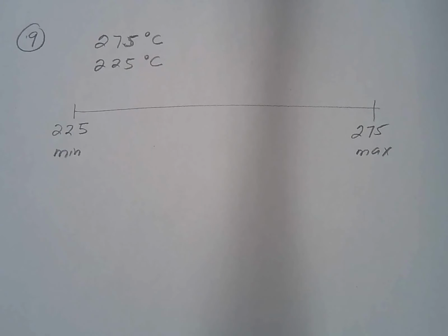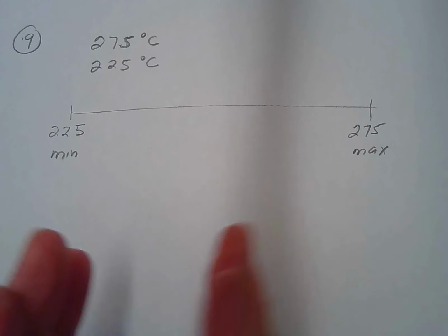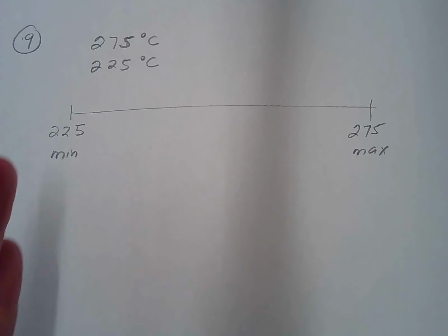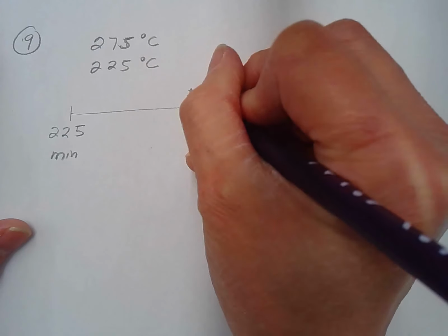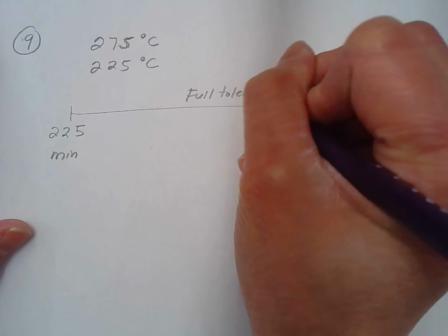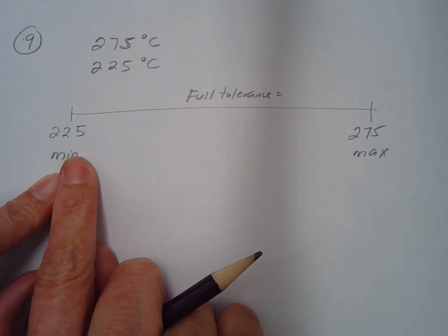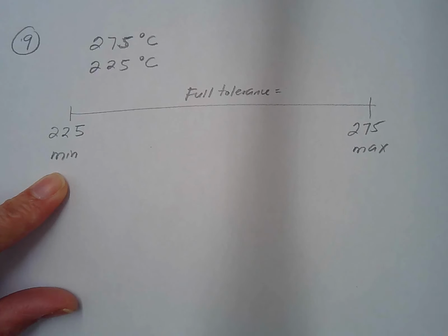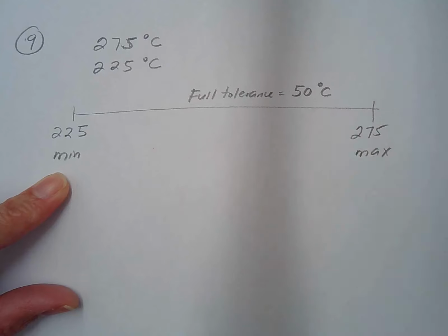From here, what's a full tolerance? So what is the difference between minimum and maximum? 50 degrees, right? So full tolerance would be 50, right? 225 and 275. That's 50 degree Celsius difference.